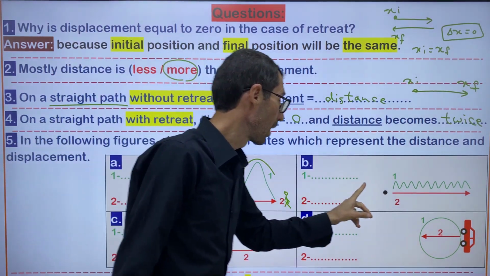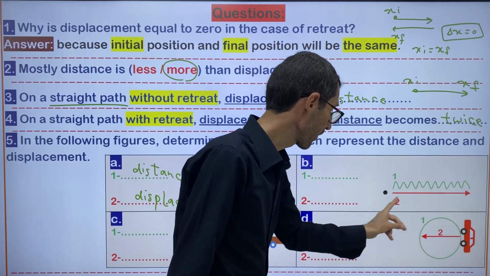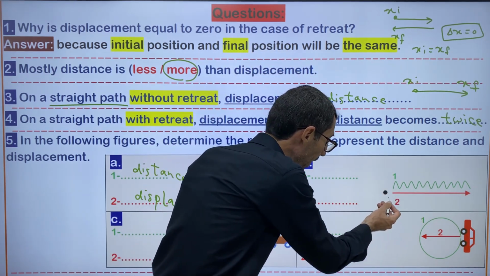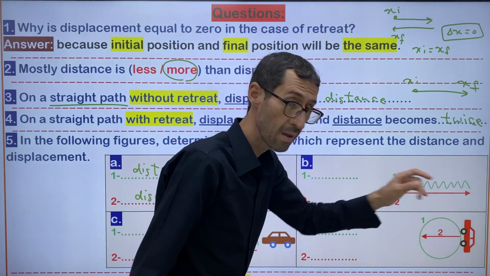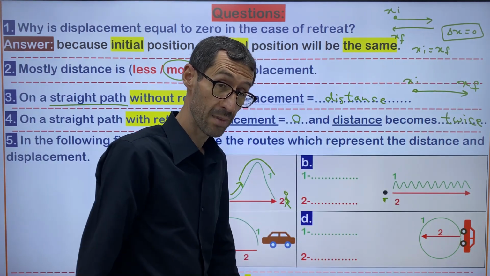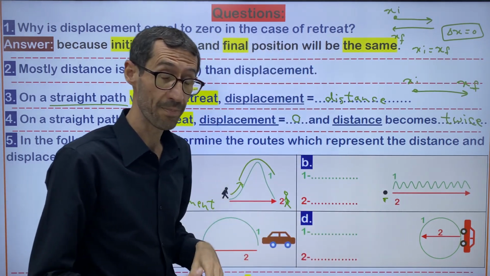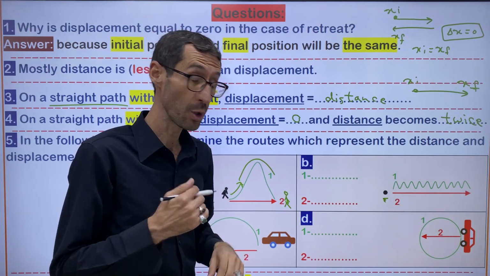B, we have a zigzag path and we have a straight line. There's a particle, and this particle follows a zigzag path. Is the zigzag path considered displacement or distance? I'm sure you know the answer.